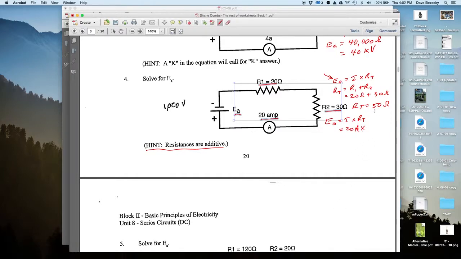What's the total resistance? 50 ohms. So if we calculate that out, 20 amps times 50 ohms is 1,000 volts. Or if we want to convert that to kilovolts, we can move the decimal place and say it's equal to 1 kV.